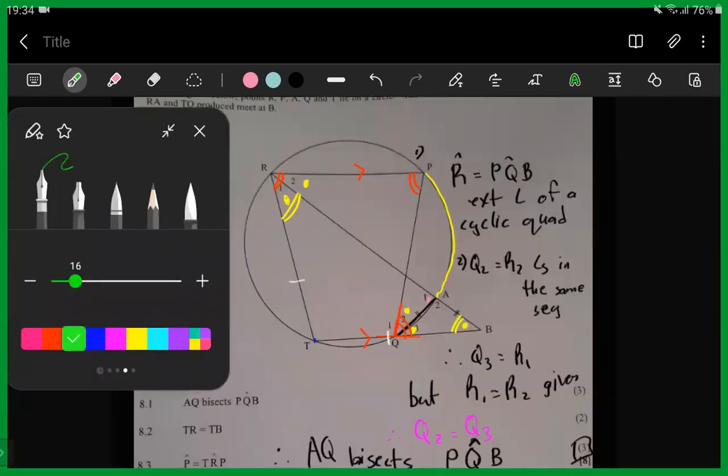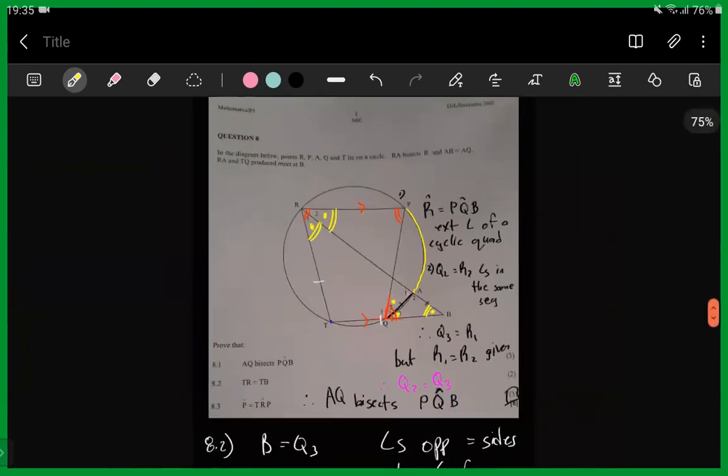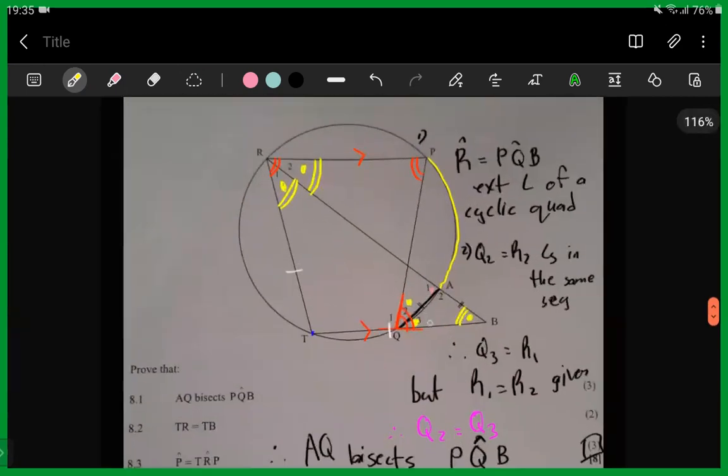Fortunately, the other side of the sketch has another set of alternating angles, which is the yellow. R2 here is equal to this here. The way we're going to tell them that this R2 is equal to this angle here is we're going to link it to R1.